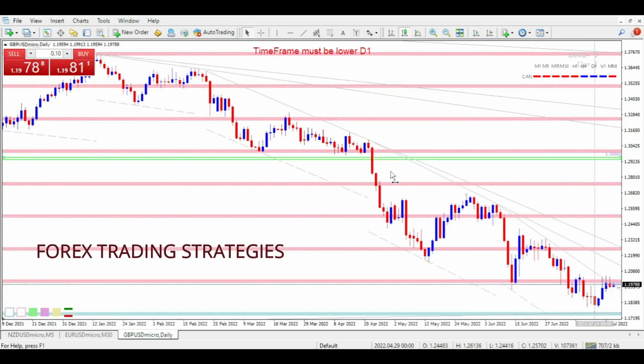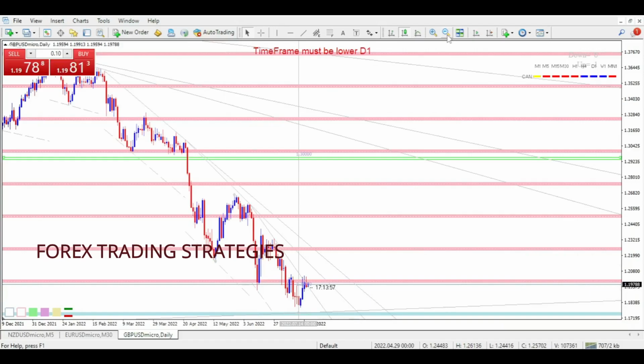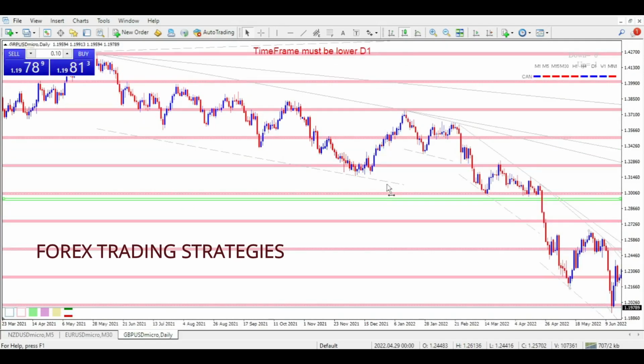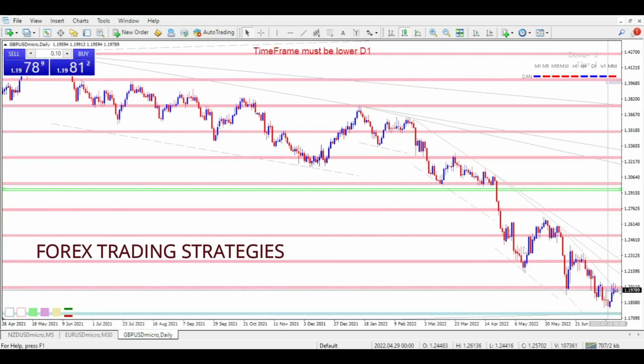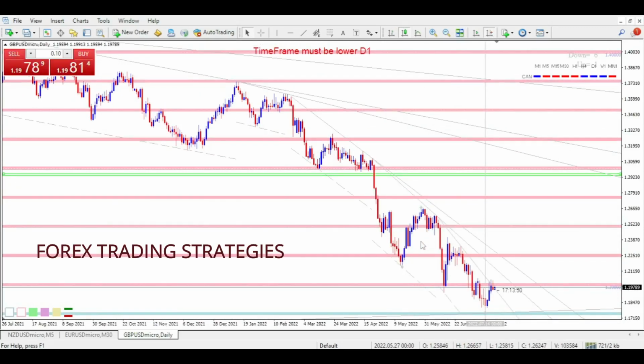what I usually prefer is this second type of entry. The second type of entry is, let's zoom out a bit, of course, where you have price breaking through.